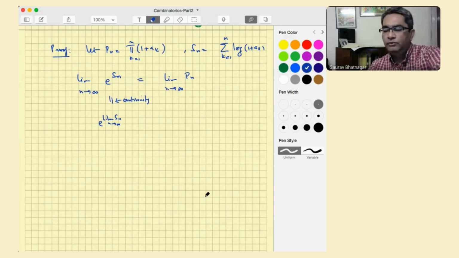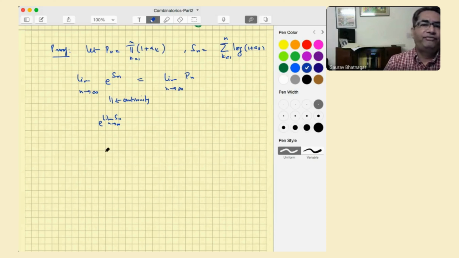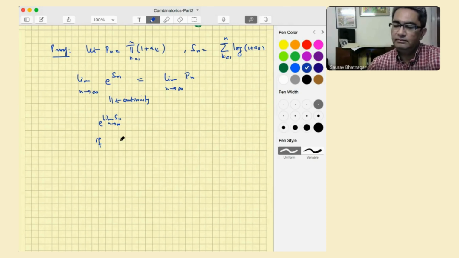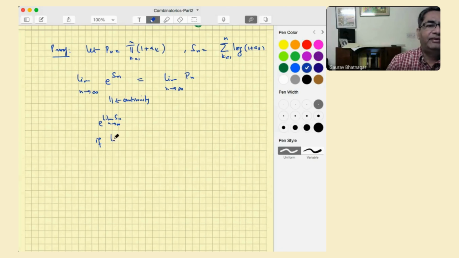So if the limit of Sn exists, then this for sure means that the limit of Pn exists.